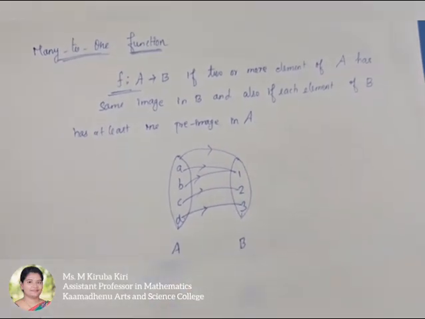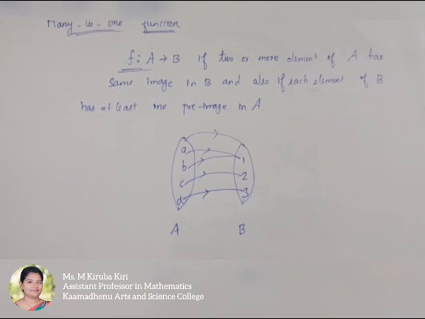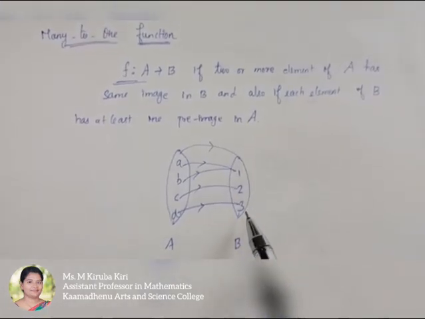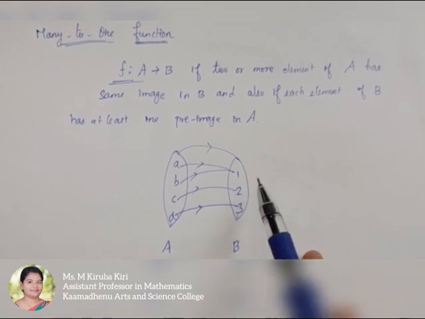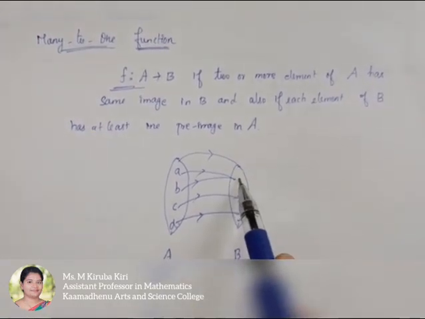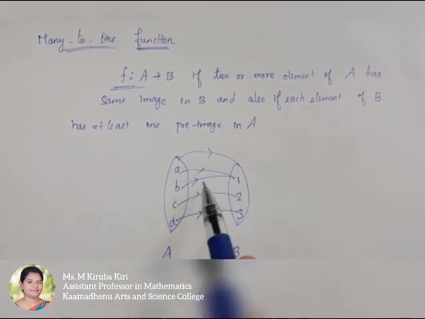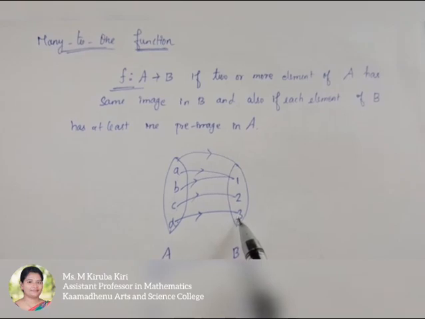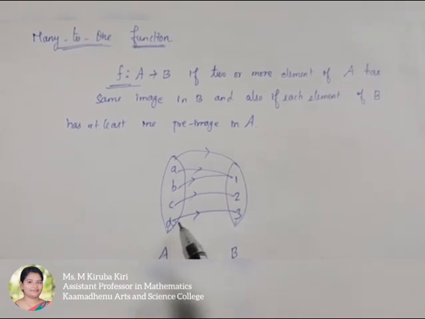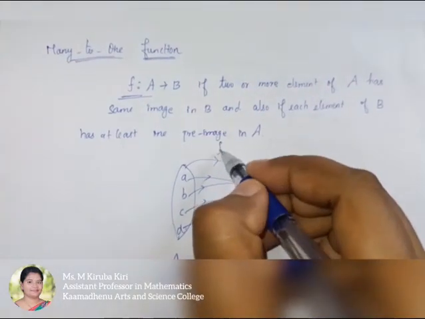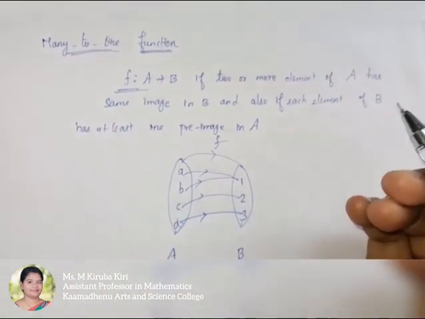What is the definition of many to one function? Each element in B has at least one preimage in A, isn't it? 1 has two preimages in A, 2 has one preimage in A, and 3 also has one preimage in A. So this function satisfies the second condition of many to one function.